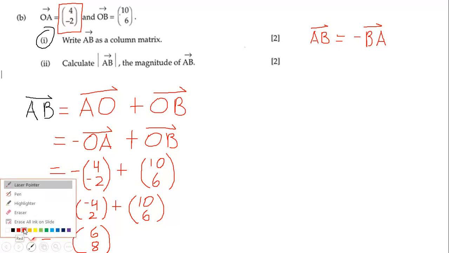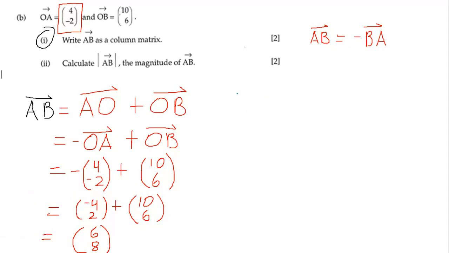So what does that all mean? Let us consider that in blue. We're trying to figure out the magnitude of AB. The magnitude of AB is going to be equal to, we're going to take the 6 here and square it. And 6 squared is actually the same thing as 6 times 6.